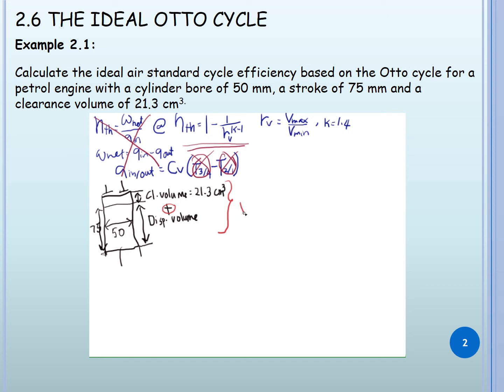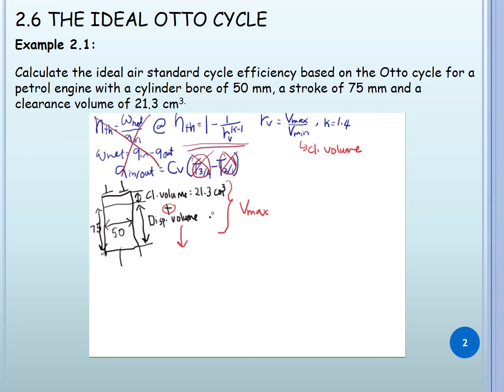So the minimum volume is actually the clearance volume. So if we can find the displacement volume, then obviously we can solve this equation and get the thermal efficiency for this example.